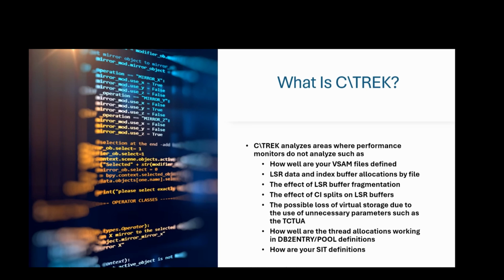So they did that analysis for a week or so, and they came to the conclusion that 42 was really the highest position. And they lowered the TCTUA allocation from 256 to 128. And they didn't have the short on storage condition below the line from there on because they recovered that virtual storage. Okay, so that's the sort of thing that C-Track does, which are hidden type things that you won't be able to see with a performance monitor as such.